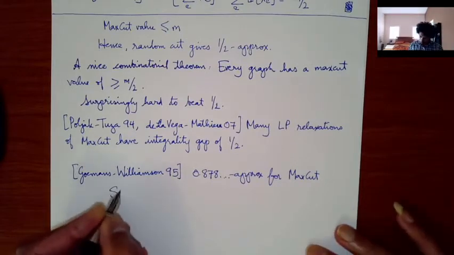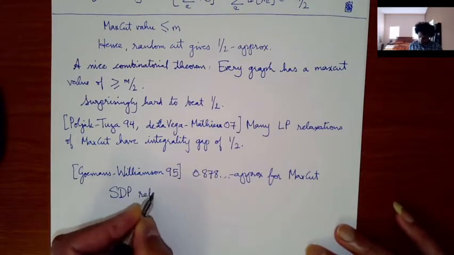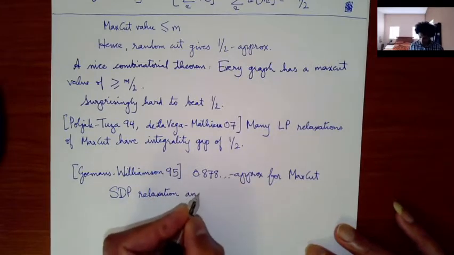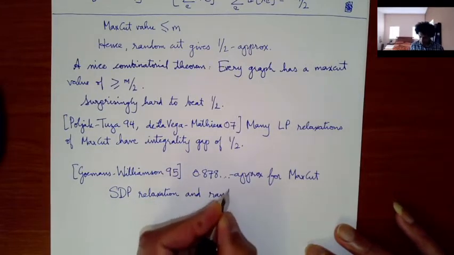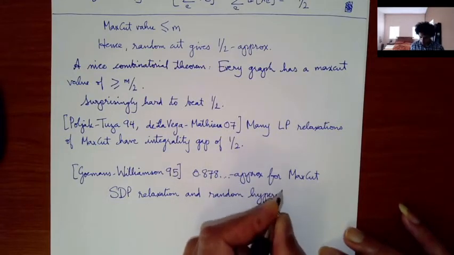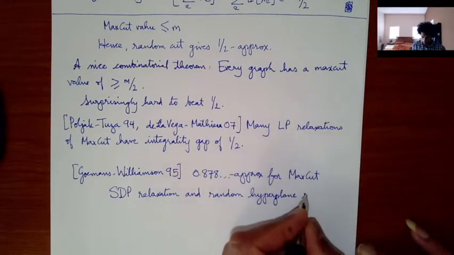They used something called an SDP relaxation and a technique for rounding called random hyperplane rounding.